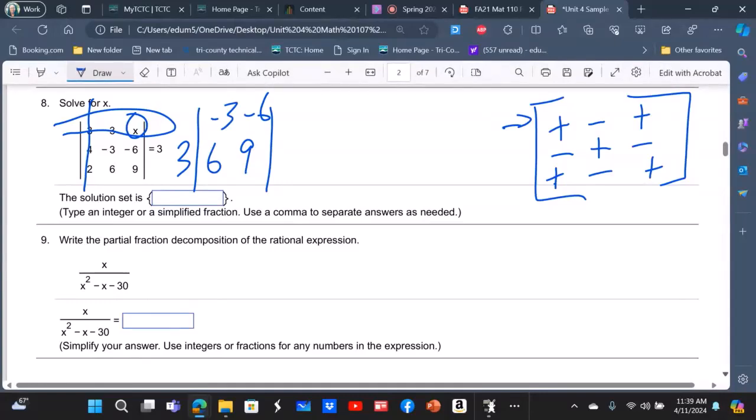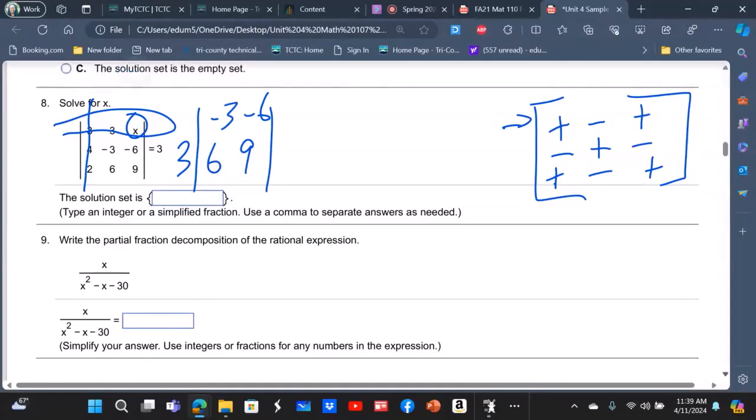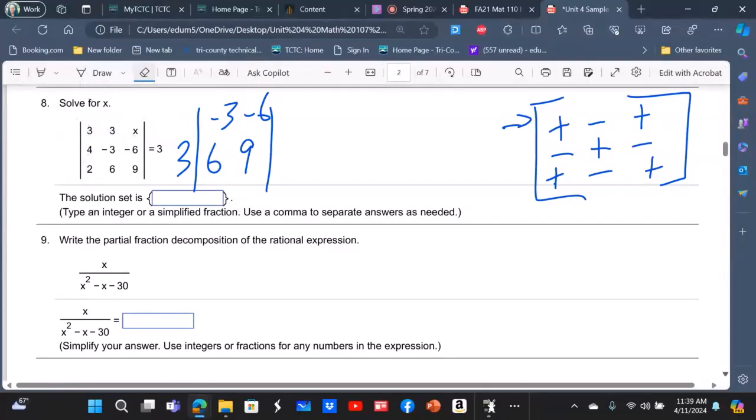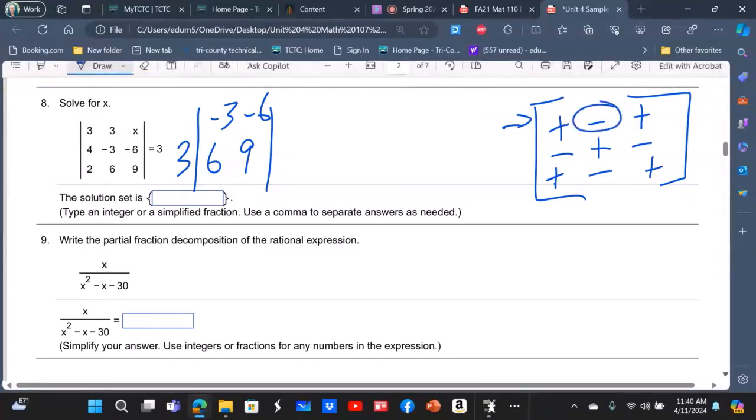Okay, so I'm done with the first number. Then the second number is 3 again. But from the matrix of signs, I have negative. So negative will be here, and then I will put in 3.